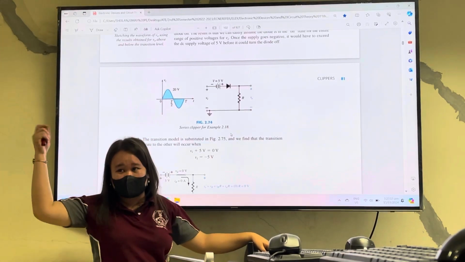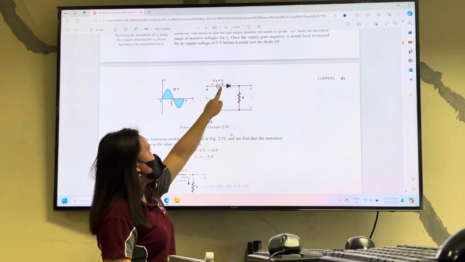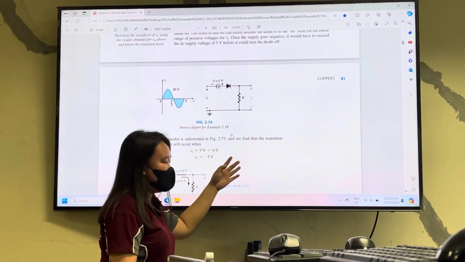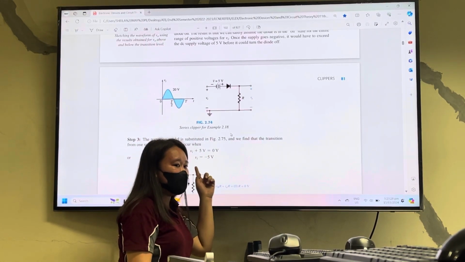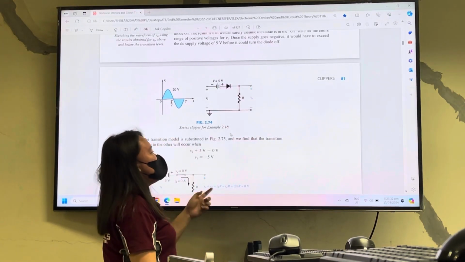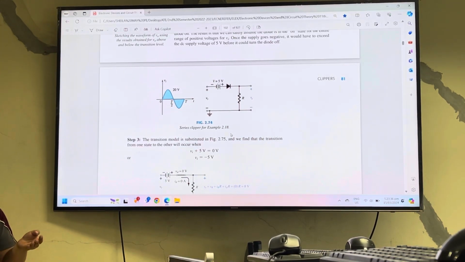So, VI plus 5 minus 0 equals 0. Transpose 5 to the other side of the equation. Our transition voltage is negative 5. So, at negative 5, it transitions from on to off, off to on.